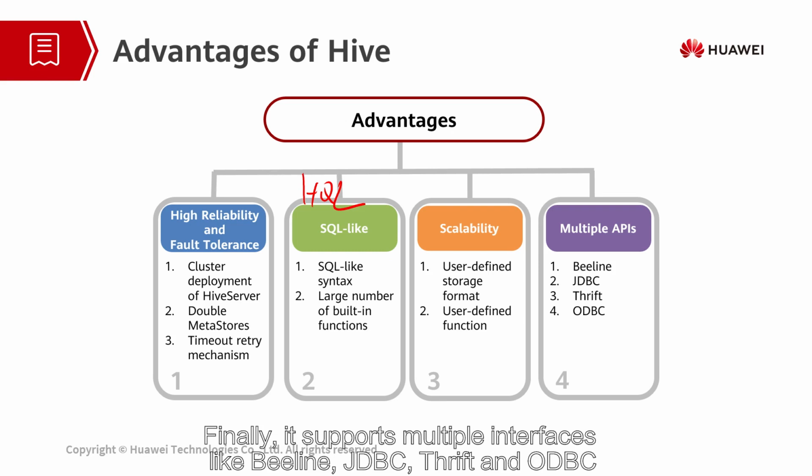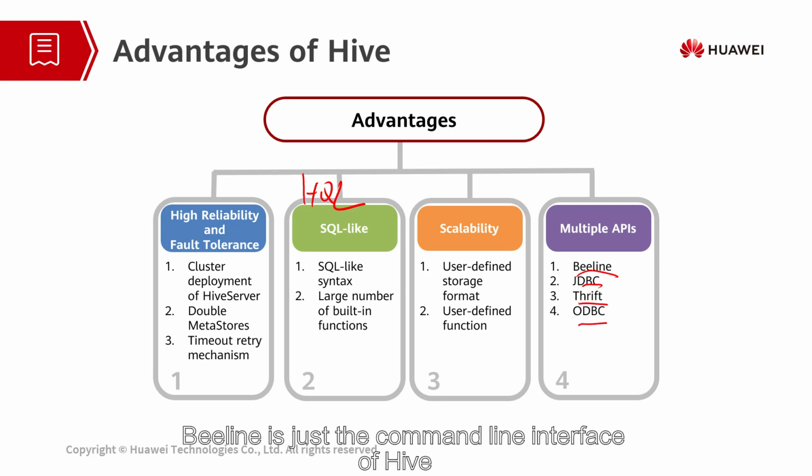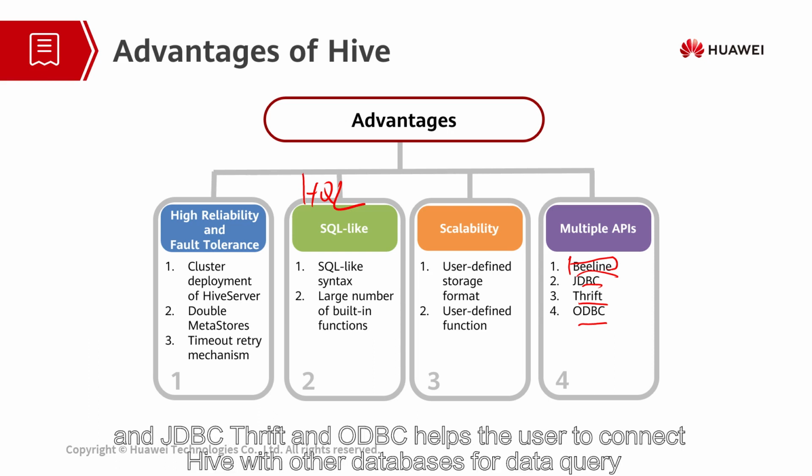Finally, it supports multiple interfaces like Beeline, JDBC, Thrift, and ODBC. Beeline is just the command line interface of Hive, and JDBC, Thrift, and ODBC help the user to connect Hive with other databases for data query.